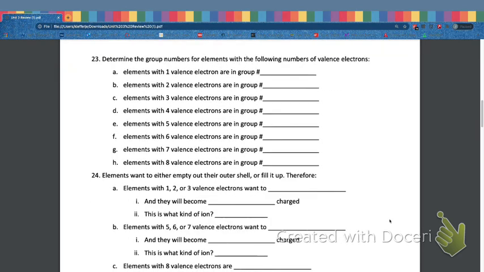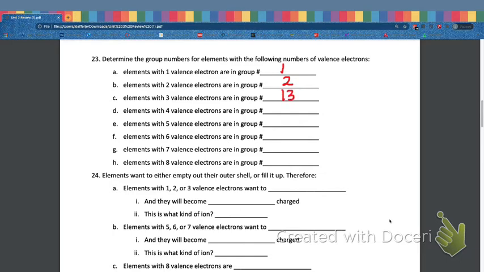All right, so remember we did an activity where we colored a periodic table, and we said that we can determine how many valence electrons there are in atoms based on the column that they're in, or the group. So group 1 has 1 valence electron, 2 has 2, and then remember we said that in the modern way of labeling the column, 3 valence electrons come in column 13.